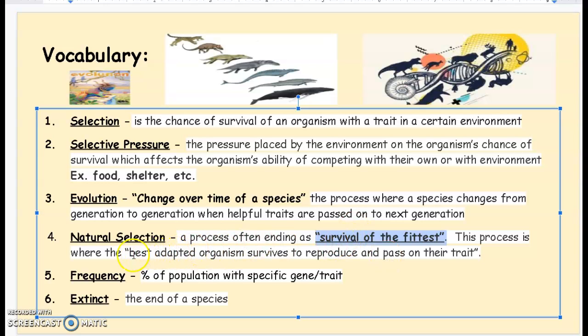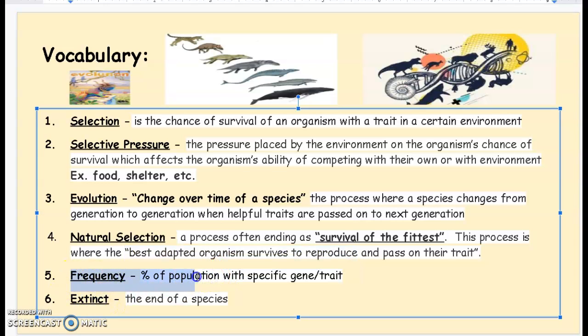The way you should think about it is the best adapted organism survives to reproduce. You are the best adapted one for this environment. Congratulations, you survive, and then you get to make babies and pass on your traits. Those of you who didn't survive to adulthood, sorry, natural selection.